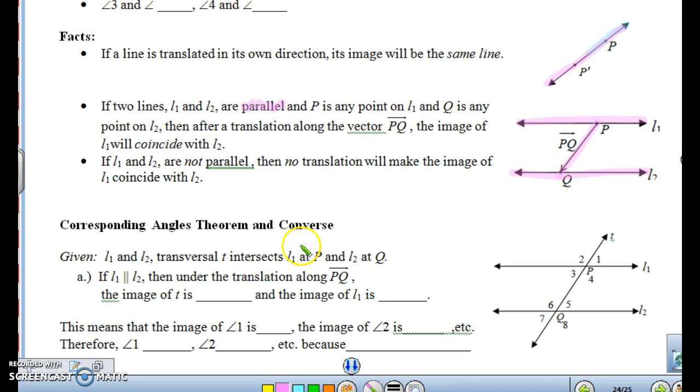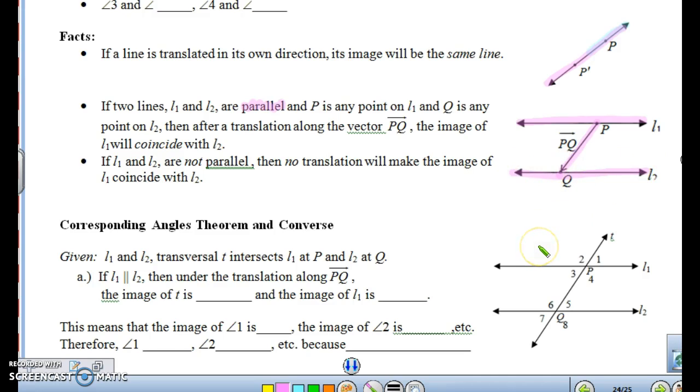They line up perfectly. But if the lines are not parallel, you can't slide this down and get it to line up with L2. There's no way you could do it just going along a vector. So the important part is if the lines are parallel, anything that is up here will be the same as it is down here.